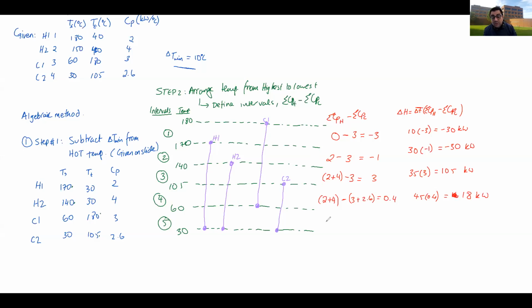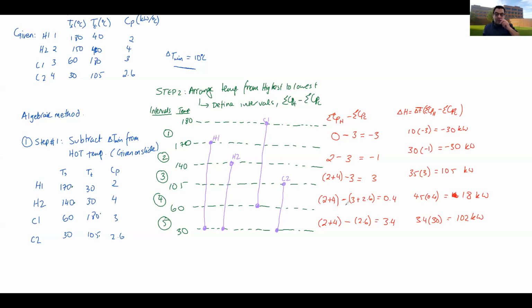And then my final interval right here: summation of CP hot is 2 plus 4, minus summation of CP cooled, which is 2.6. In this case, 6 minus 2.6 is 3.4, and 3.4 multiplied by 30 is 102 kilowatts.